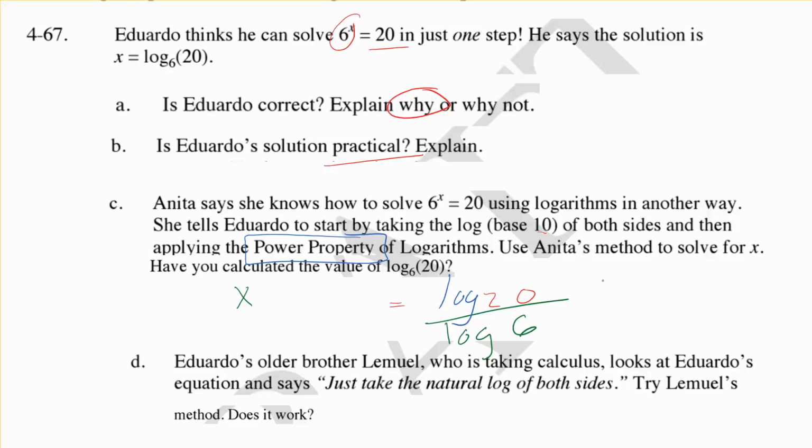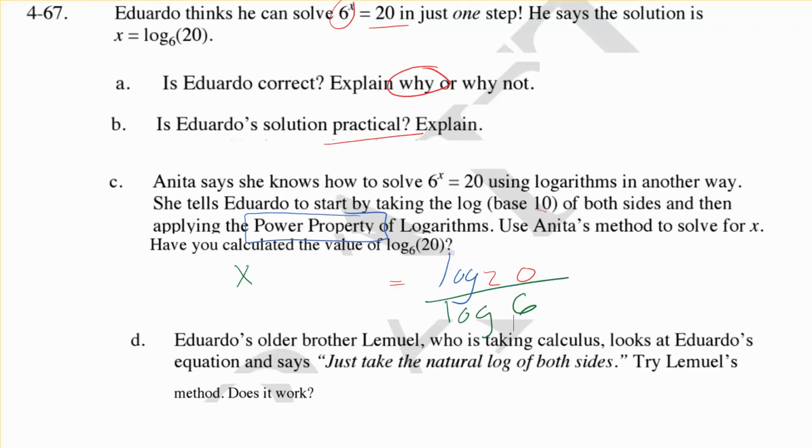Now, I can press this button in my calculator, the common log of 20 over the log of 6, and I can get a number. Plugging that in my calculator, I get the number 3.103. So 6 to the 3.103 equals 20.